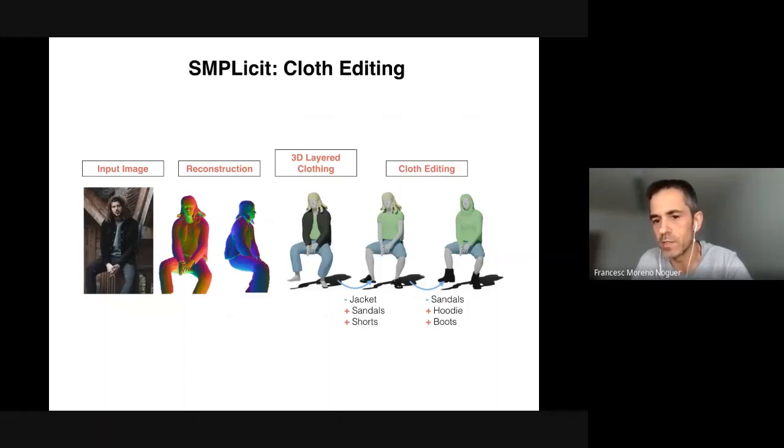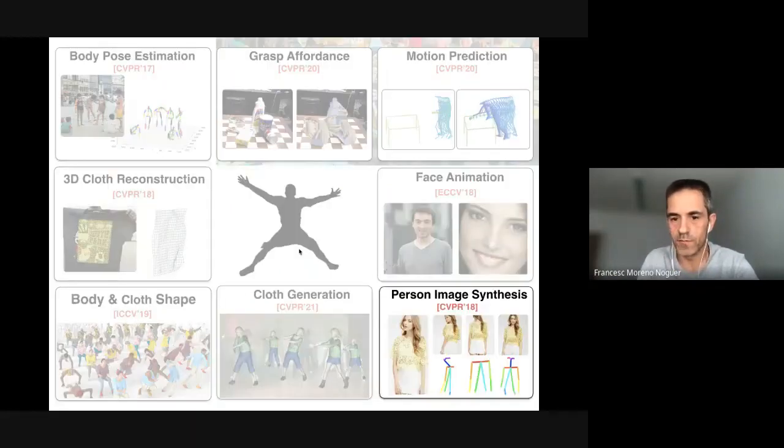So we can do this after the reconstruction is done. Or in this case, we add the hoodie or we add the boots, etc. Okay, so once we have this semantic reconstruction of the geometry, the cloth editing can be done quite easily. All right, so that was everything for this work.